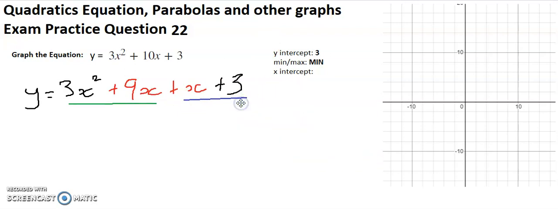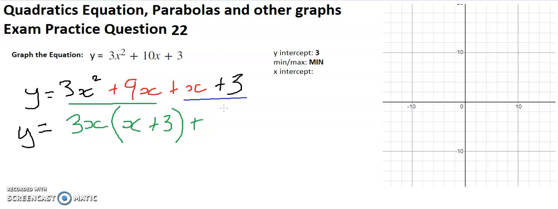So the first thing I need to think about here, I'll do it in green, is that my common factor is 3x. So if I've got 3x as my common factor, what is left? That means 3x squared divided by 3x equals x, and 9x divided by 3x equals 3.